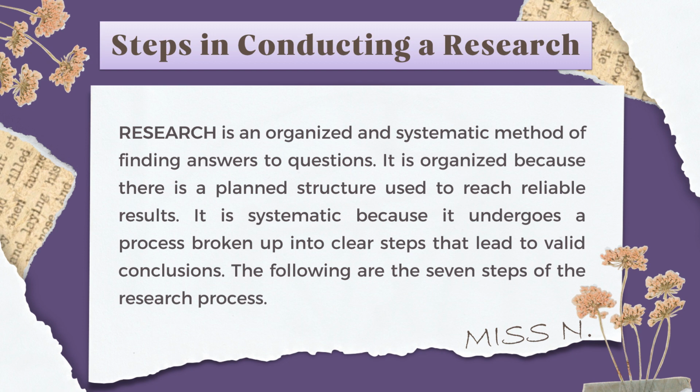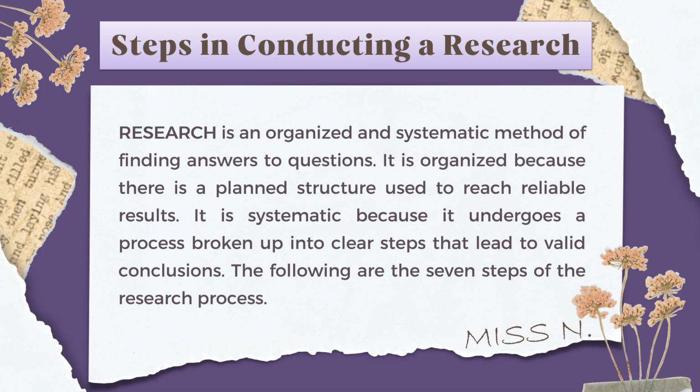We have to remember that research is an organized and systematic method of finding answers to questions. It is organized because there is a planned structure used to reach reliable results. It is systematic because it undergoes a process broken up into clear steps that lead to valid conclusions.